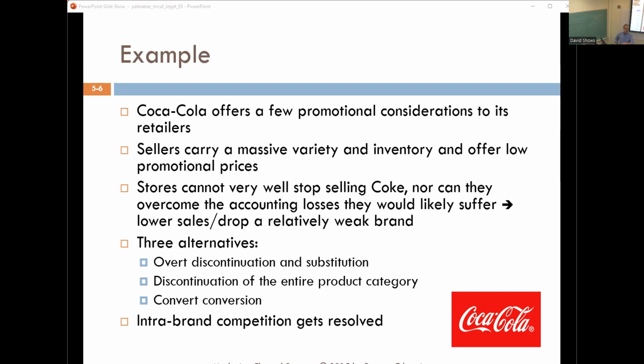The other is you can get out of that product category completely, and you see corporations like IBM doing this when they've had enough trying to fight in a market like personal computers. They just didn't want to be in it anymore. And the third is you can simply try to convert the users. One way or another, intra-brand competition gets resolved.